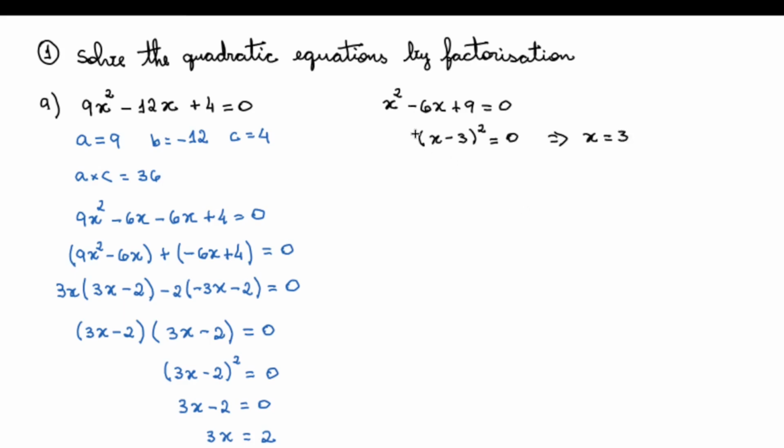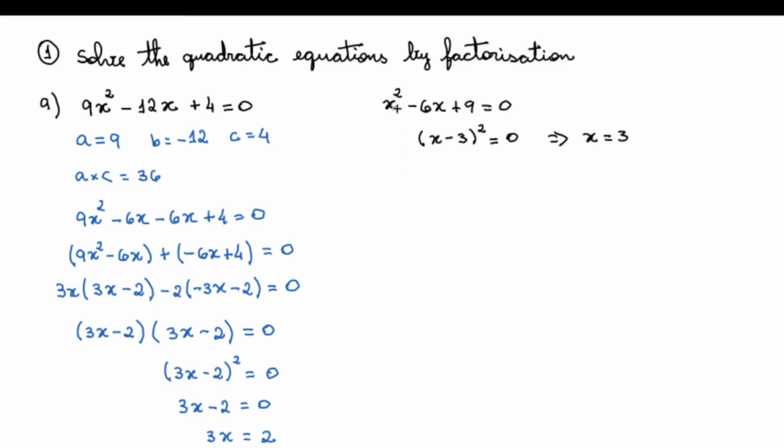Let's compare this equation with the last one, 9x² minus 12x plus 4 equal to 0, to find an easier way to obtain the factorized form. Let's start by looking at the two equations. In both equations, the first and last terms are perfect squares.